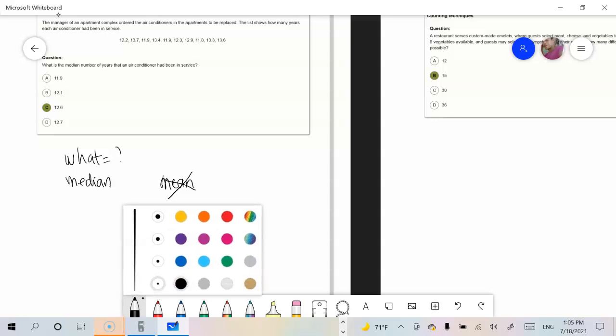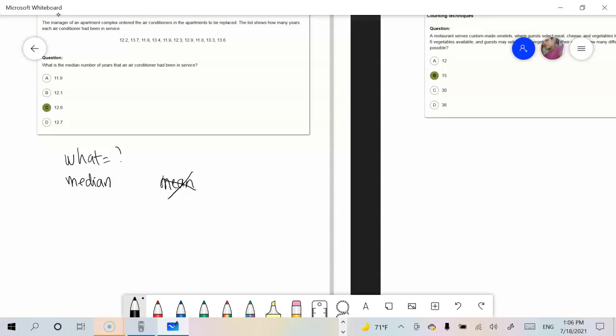So let's start with the least number that I can see. I can see that 11.8 is the least number. So I'm going to put it here, 11.8. That's my first number. Then next is 11.9. And see, I'm crossing them out so I don't repeat them, because that changes the value of the median.